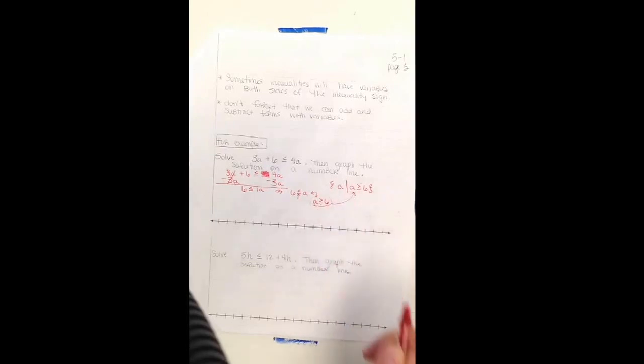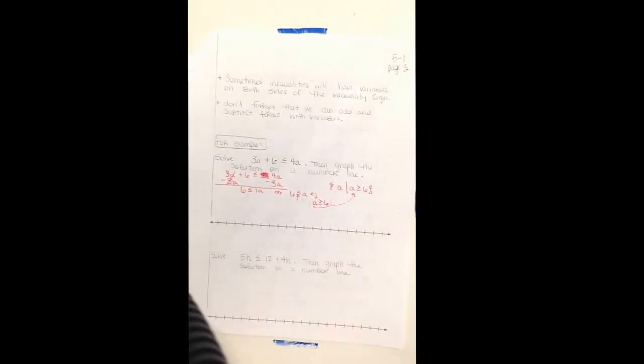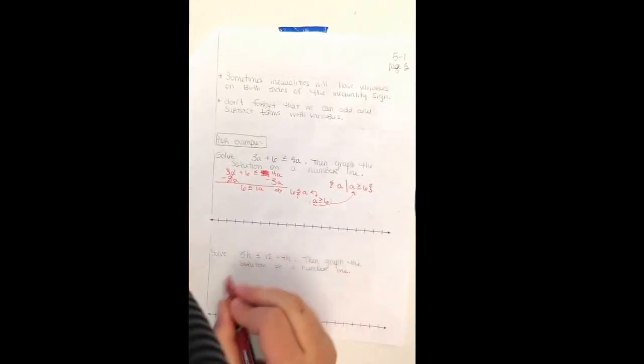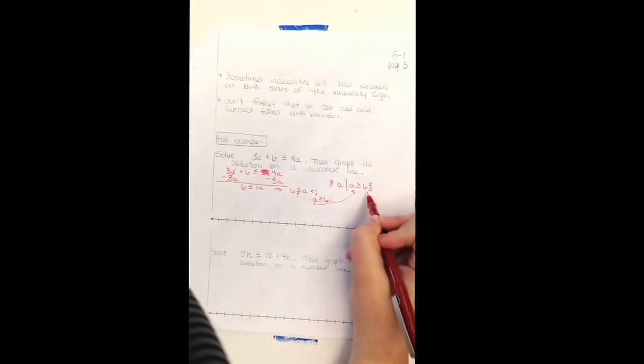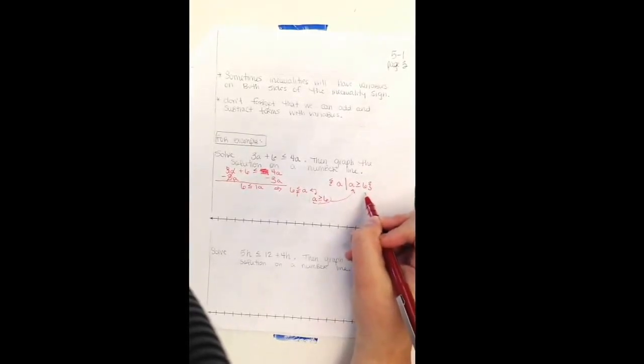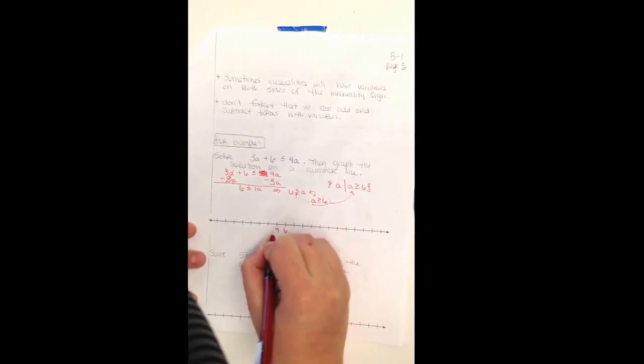So now to graph, we have to write in our number line. I left this number line blank because I want you to be able to decide how to label a number line. Do I start with 1? Do I start with negative 100? It kind of depends on your solution. My solution includes the number 6, so I'm probably going to put 6 in the middle.